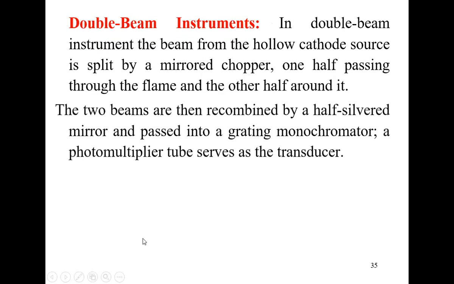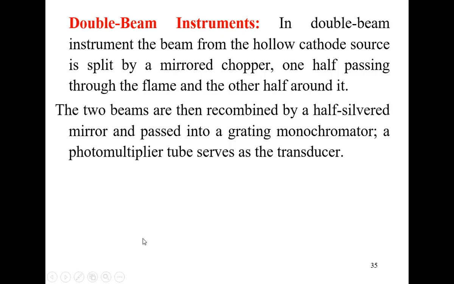So unlike single beam, in double beam instruments the beam from the hollow cathode lamp source is split by a mirrored chopper, one half passing through the flame and the other half around it. And the two beams are then recombined. You then can compare the two beams. One goes 50% of the time through to the detector, the other where 50% of the light goes through the sample.